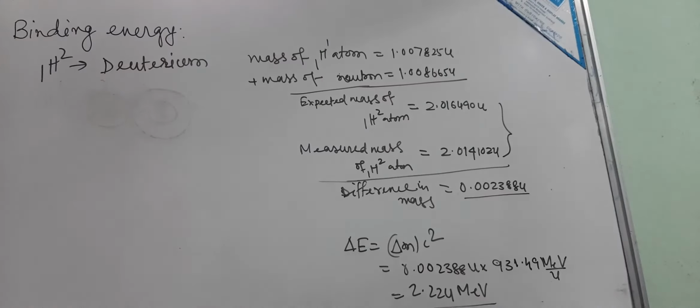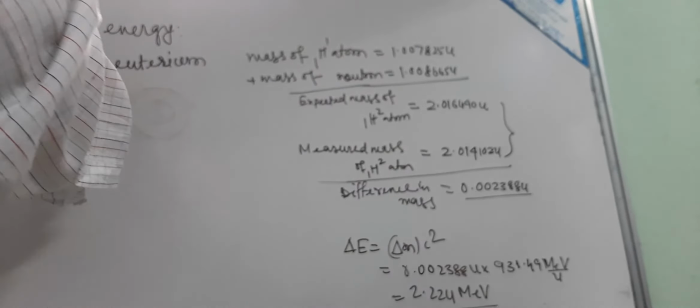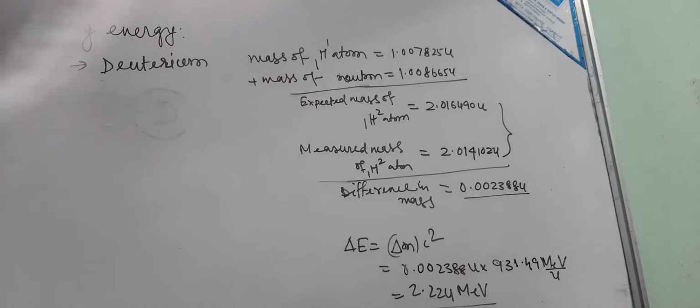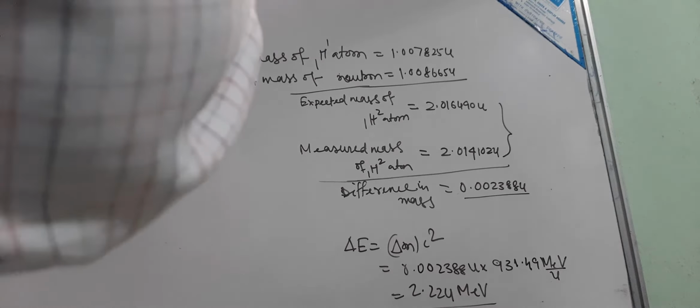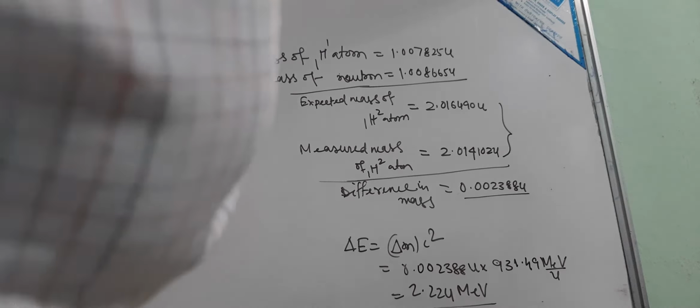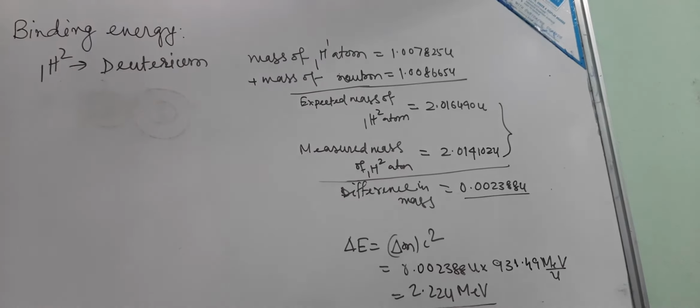When we supply 2.224 million electron volt of energy to the deuterium atom, then the proton and neutron will get separated, or this amount of energy is needed to keep the proton and neutron of a deuterium atom in the nucleus.